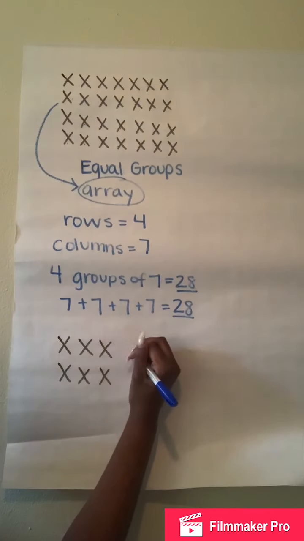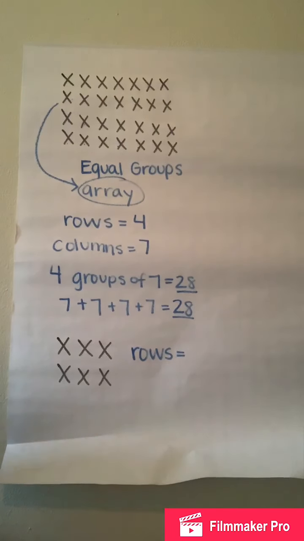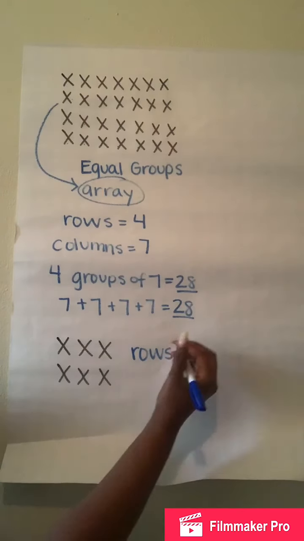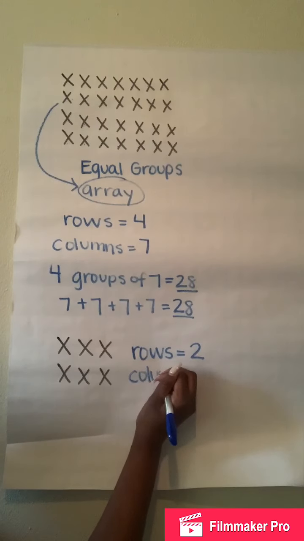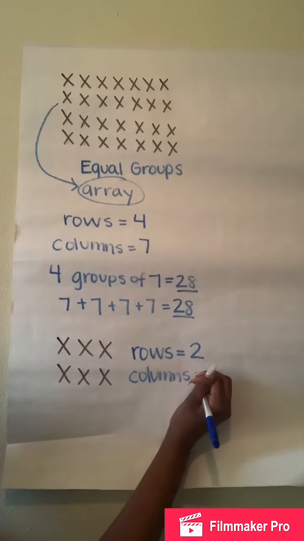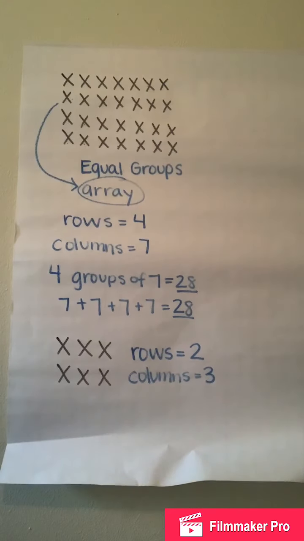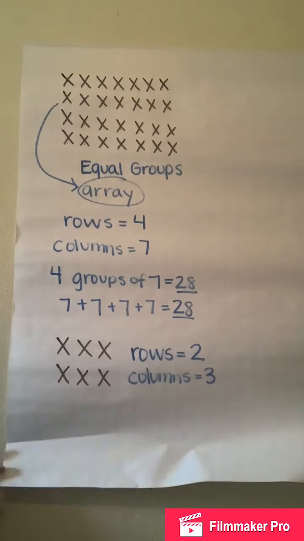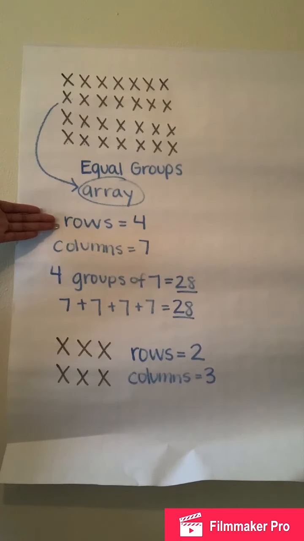Okay, in this problem, how many rows do you have? 2. How many columns do you have? 3. So you either have 2 groups of 3 or 3 groups of 2. In our last problem, we used the number of rows as our group.